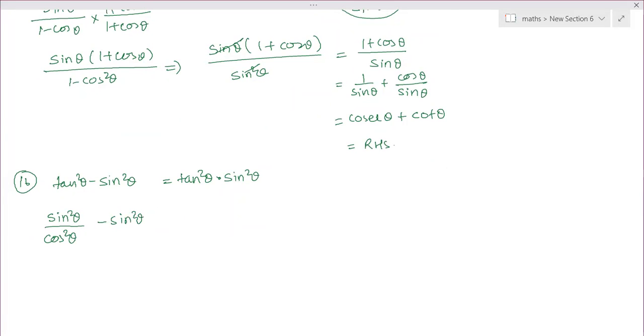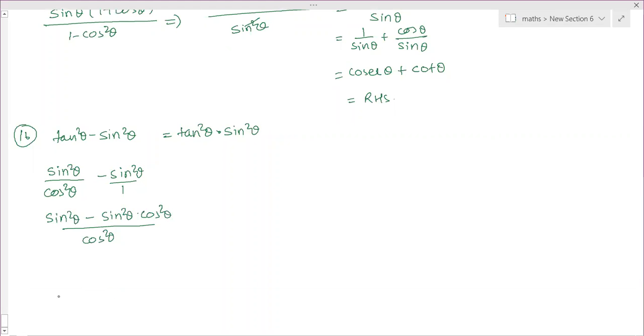Make the denominator the same. How to make? Sin square theta minus sin square theta into cos square theta, by cos square theta. Okay. Then? Yes, Ankur, further.